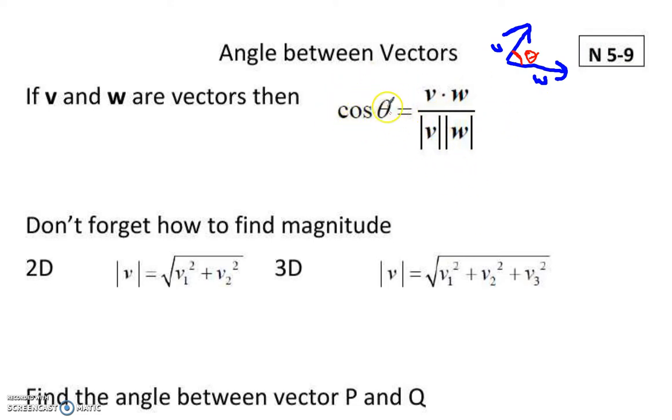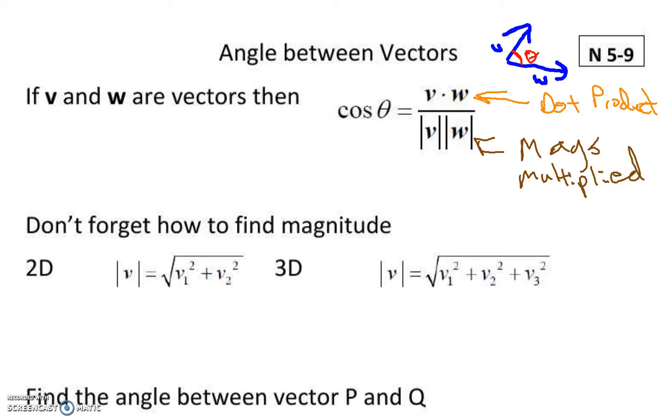So cosine of the angle between the vectors equals the dot product of the vectors over the magnitudes multiplied.